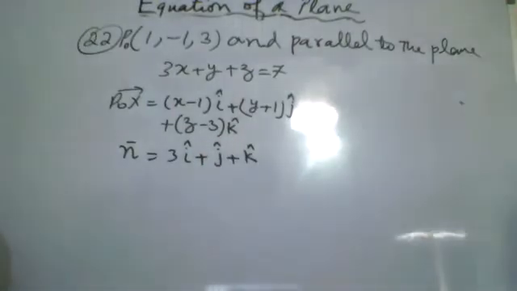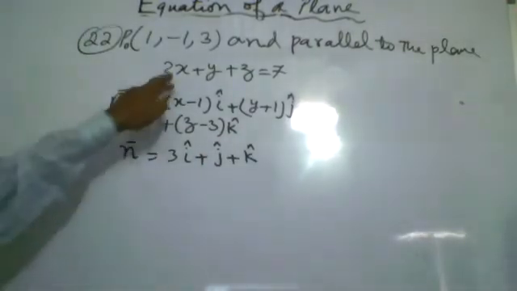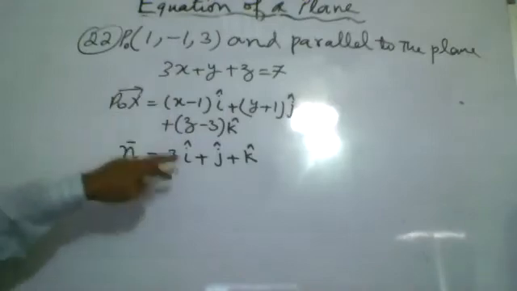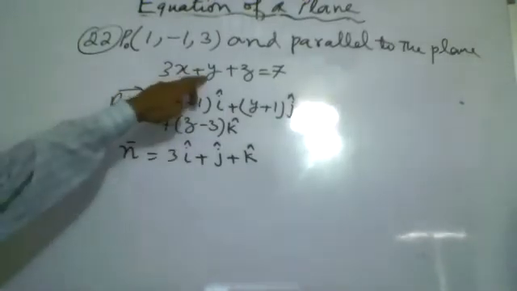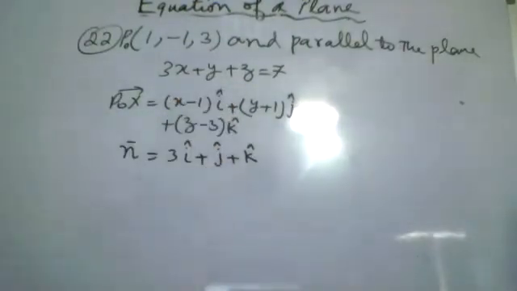This will be the normal vector. We will take the coefficient of x and write with i, coefficient of y, write with j, coefficient of z, write with k.